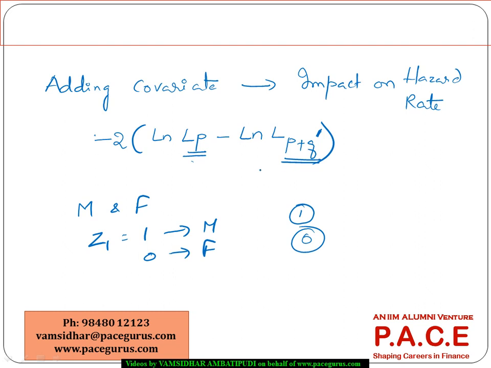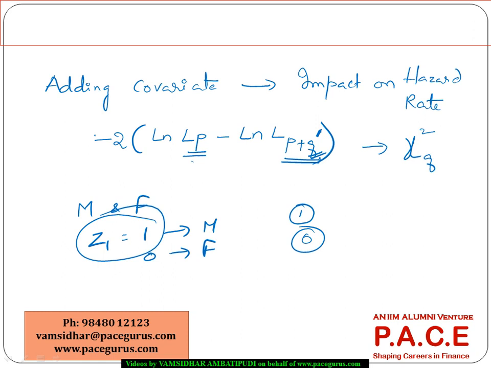So what I would try to do is, without including this Z1, consider the log likelihood value. Considering even this L1, find out the log likelihood value. So compute minus 2 times log likelihood of LP minus log likelihood taking all the covariates also, and then compare this with a chi-square distribution with q degrees of freedom depending on how many covariates I am going to test.